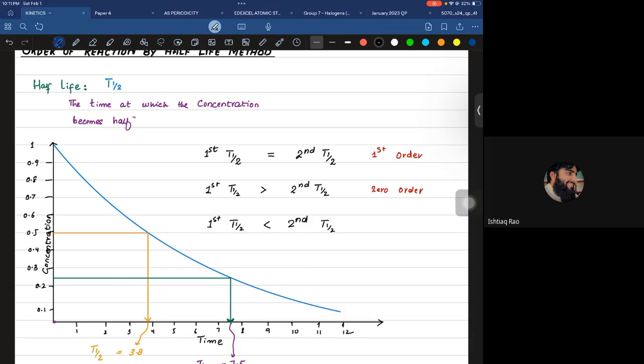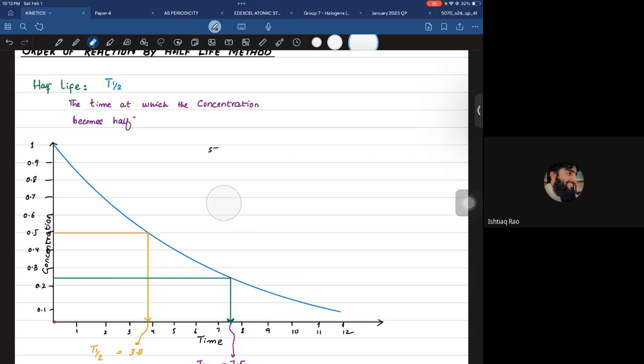Okay. And if you have a zero order reaction, the first half-life would be greater than the second half-life. And for the second order reaction, you will see the first half-life would be less than the second half-life.